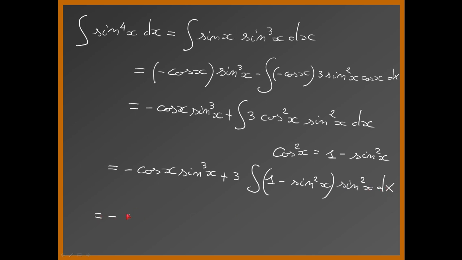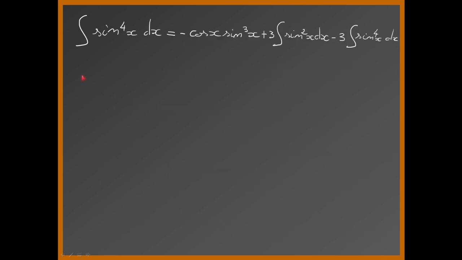This gives minus cosine x sine cubed x plus 3 times the antiderivative of sine squared of x minus 3 times the antiderivative of sine to the fourth of x. Similarly to the previous case, we should notice that the antiderivative of sine to the fourth of x is appearing in both sides of this equality.